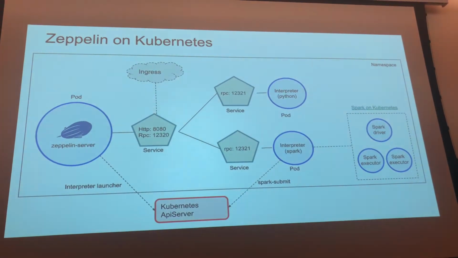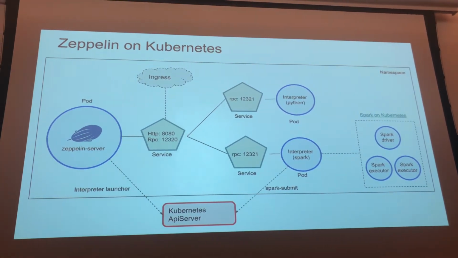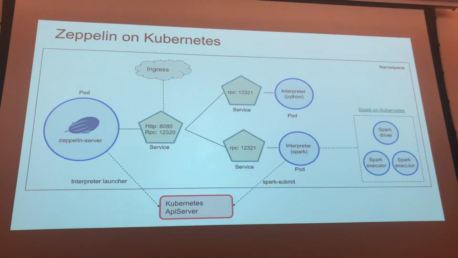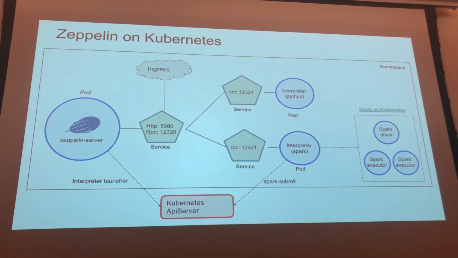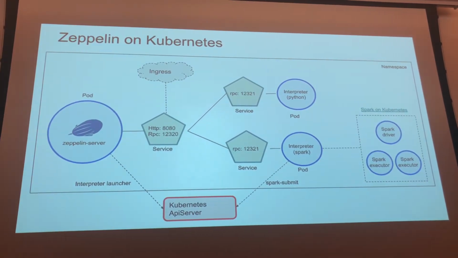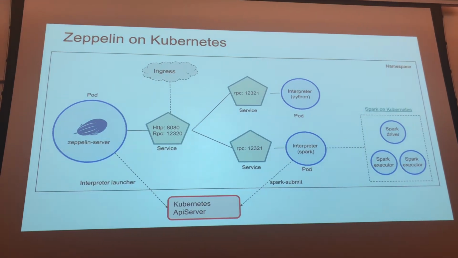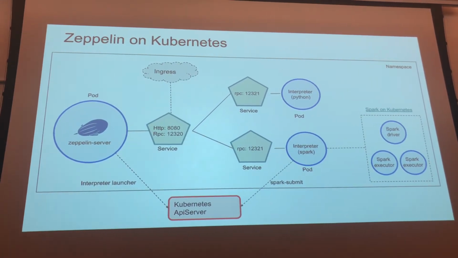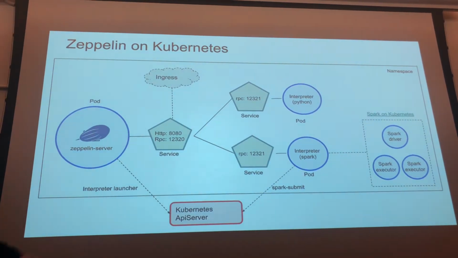So Zeppelin has a notebook and a web interface. Those things need to run inside of the cluster, but the user creates a job inside of Zeppelin, right? I think it's also a good idea to make that job run as a Kubernetes pod. So this is the basic idea of how it's going to look.